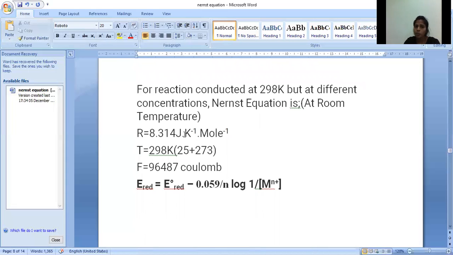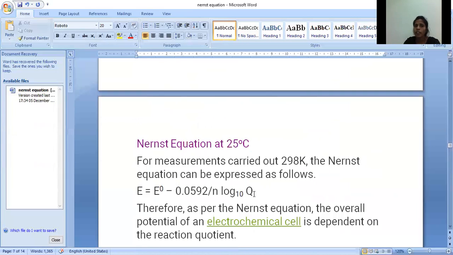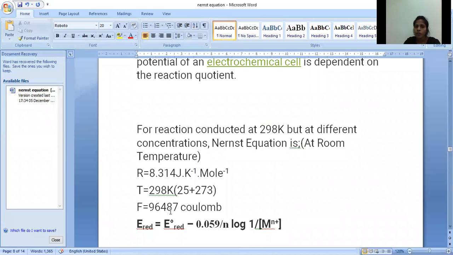So now let us substitute these values in this formula. So what is the formula? This is the formula. When we substitute all the values in this formula, R is 8.314, T is 298 and F is 96,487.